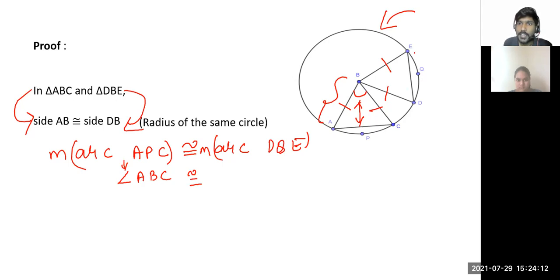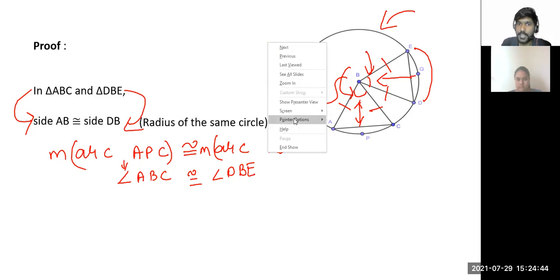Similarly, for arc DQE, the corresponding central angle is DBE. So these two angles are also congruent to each other. Is this clear why these angles are congruent?